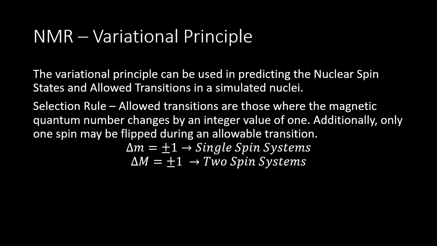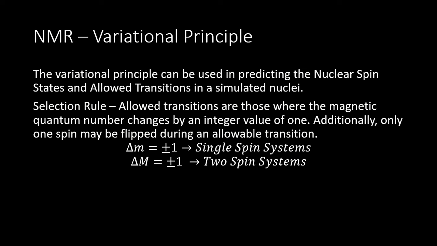So that's a way of thinking. The spin for a proton can be looked up as plus 1/2, minus 1/2, just like with an electron. So for single spin systems, an allowable spin change would be changing the magnetic spin from +1/2 to -1/2, so on and so forth.